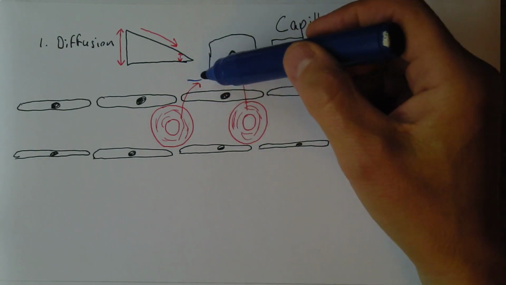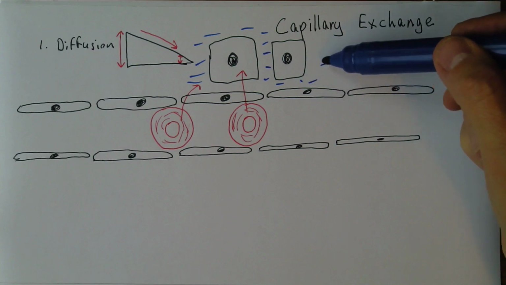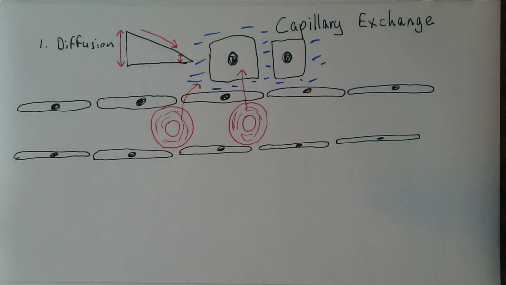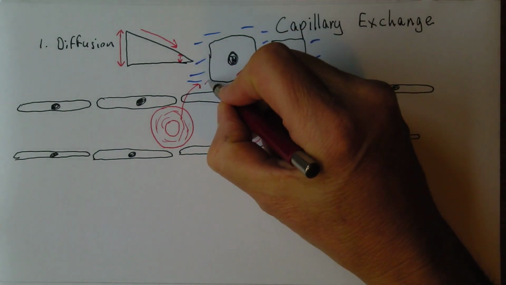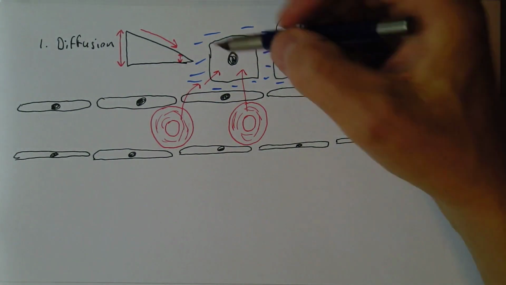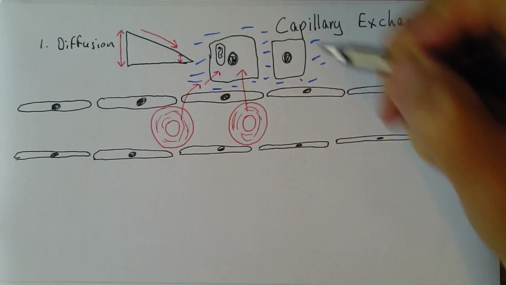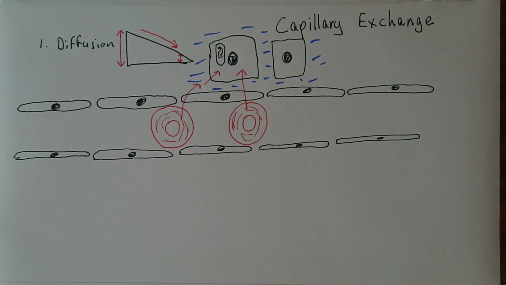All round about the cells we have the tissue fluid, the interstitial fluid surrounding the cells. So the oxygen diffuses first into the interstitial fluid, then into the cell. And in the cell, of course, it can be used by the mitochondria to generate the energy.